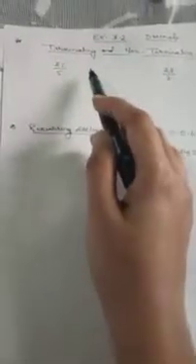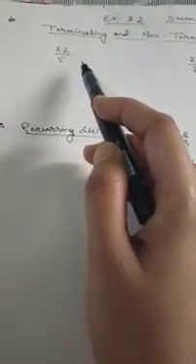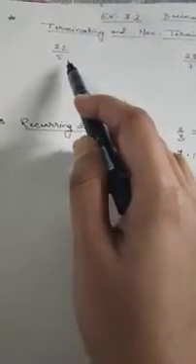While converting a fraction into a decimal, if the dividend is completely divisible by the divisor, then that is called a terminating decimal. Means the dividend will be completely divisible by the divisor without leaving any remainder.